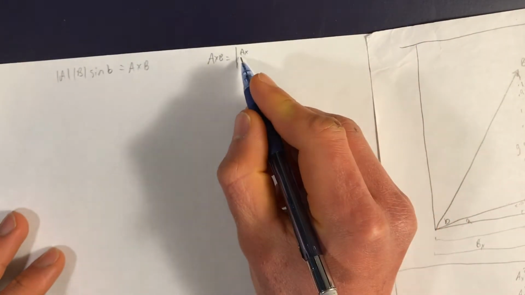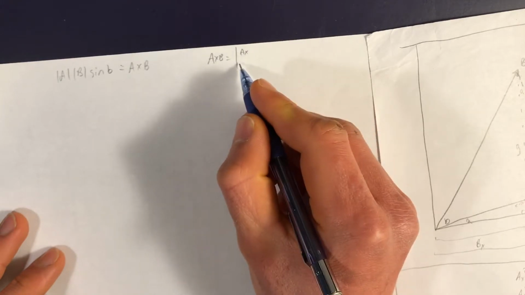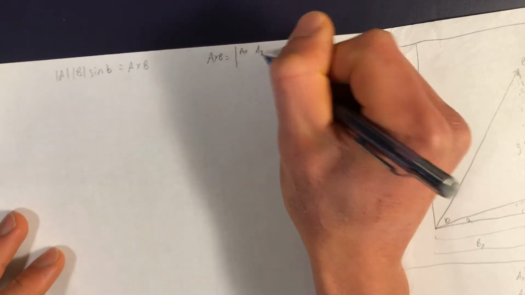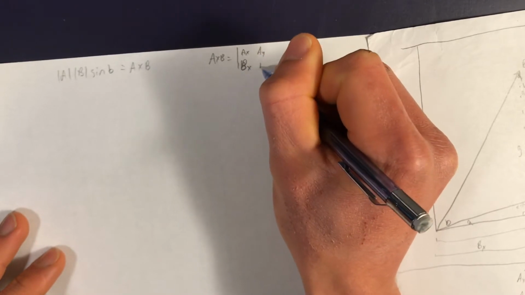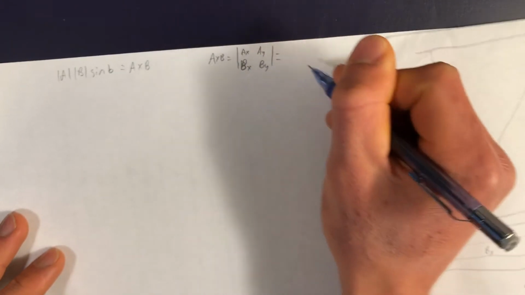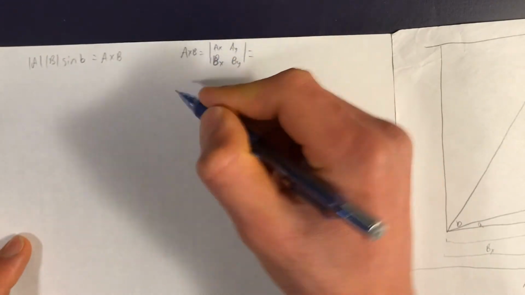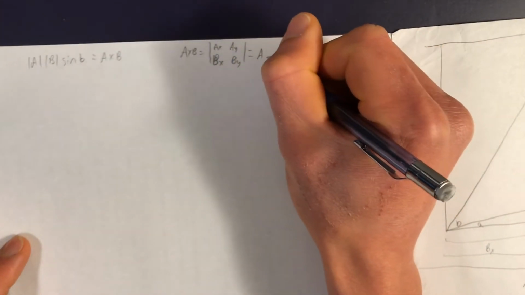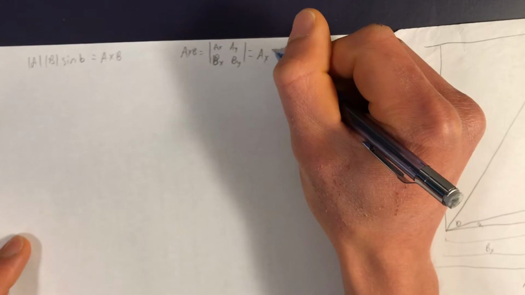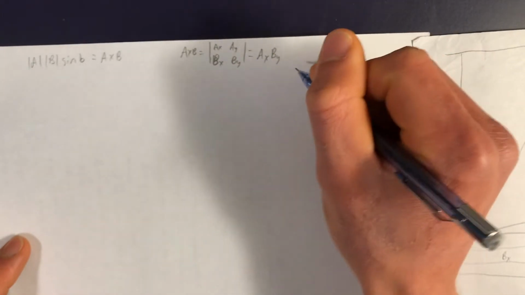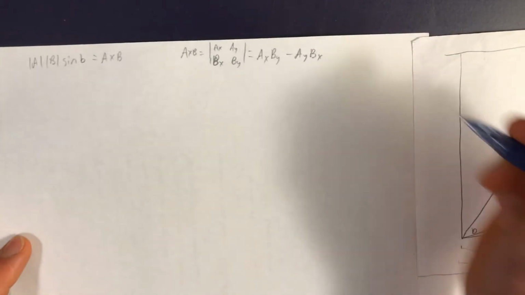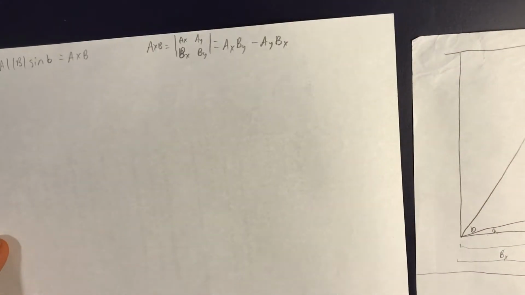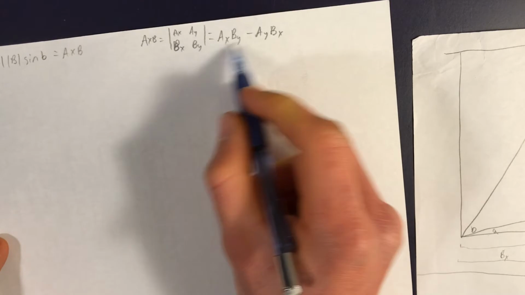A and B are the component forms, AX and AY, and then BX, BY, which is equal to the cross, whatever. I don't even get this. Maybe that'll be your next proof, but it's AX BY minus AY BX. So that's what we're trying to get right here.